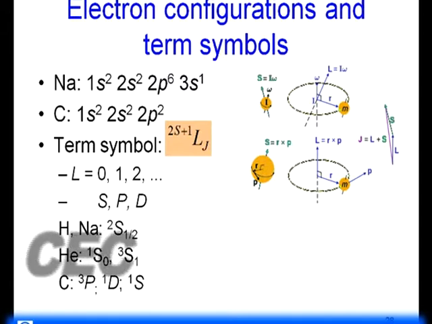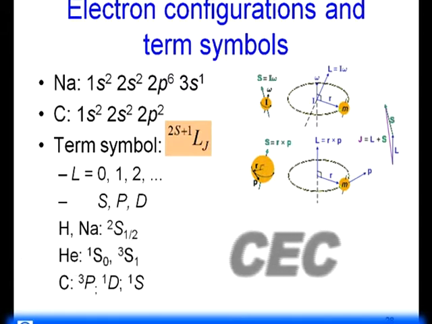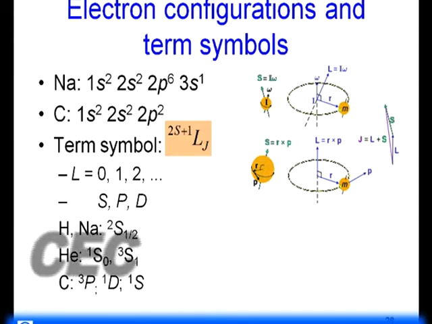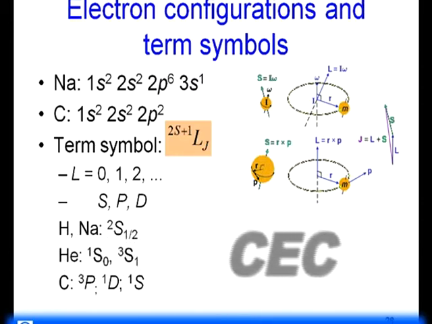What do I mean by the total angular momentum? You know that the angular momentum is equal to I omega, where omega is the angular velocity and I is the moment of inertia. There is a spin angular momentum and there is an angular momentum due to the orbitals, which is given by L, and the spin angular momentum is given by S. Now both are vector quantities and both of them can couple with each other.